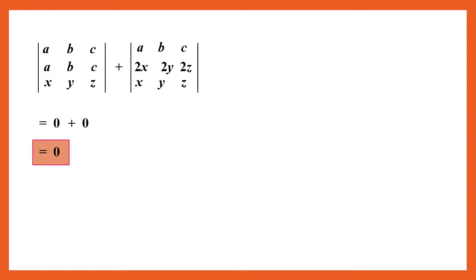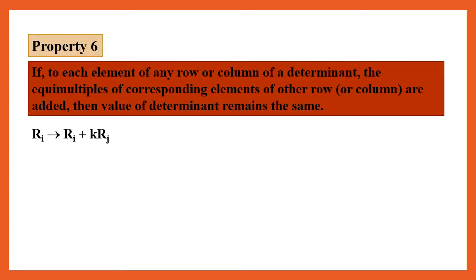Next, property 6. If to each element of any row or column of a determinant, the equimultiples of corresponding elements of another row or column are added, then the value of the determinant remains the same.